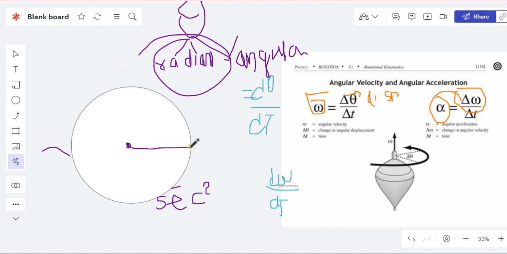Now this is a point here. Now I have drawn a tangent, which is the velocity, and the acceleration is always acting in the direction of the velocity. This is tangent, so the angular acceleration is also known as tangential acceleration. This is also tangent to the circle, acting in the direction of velocity.